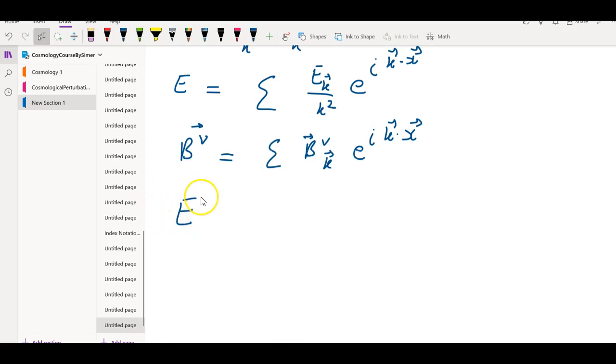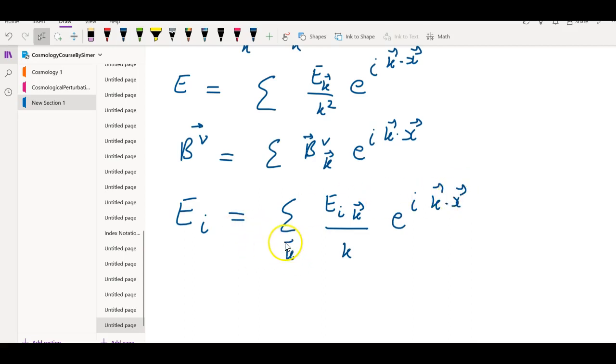So if you have a vector ei which is extracted from a tensor, you would expand it as eik over k.